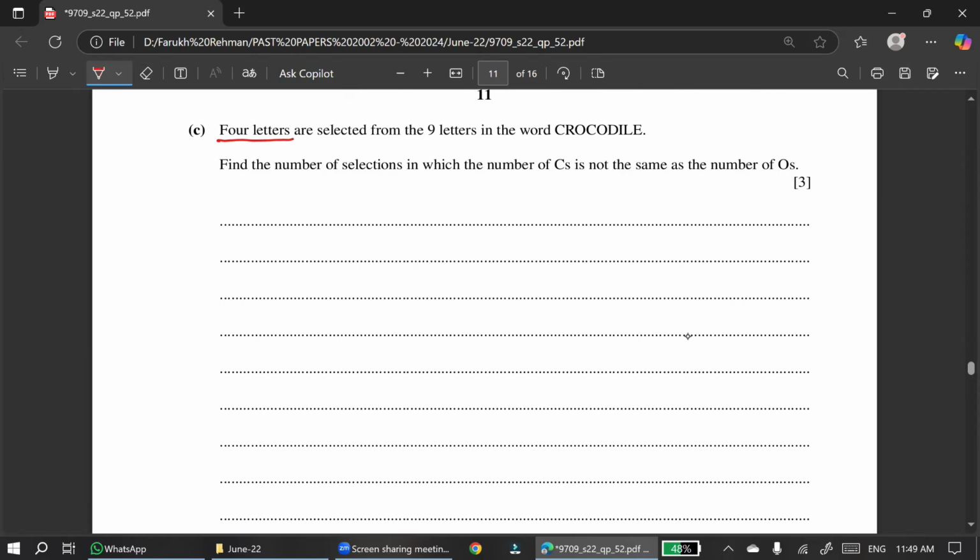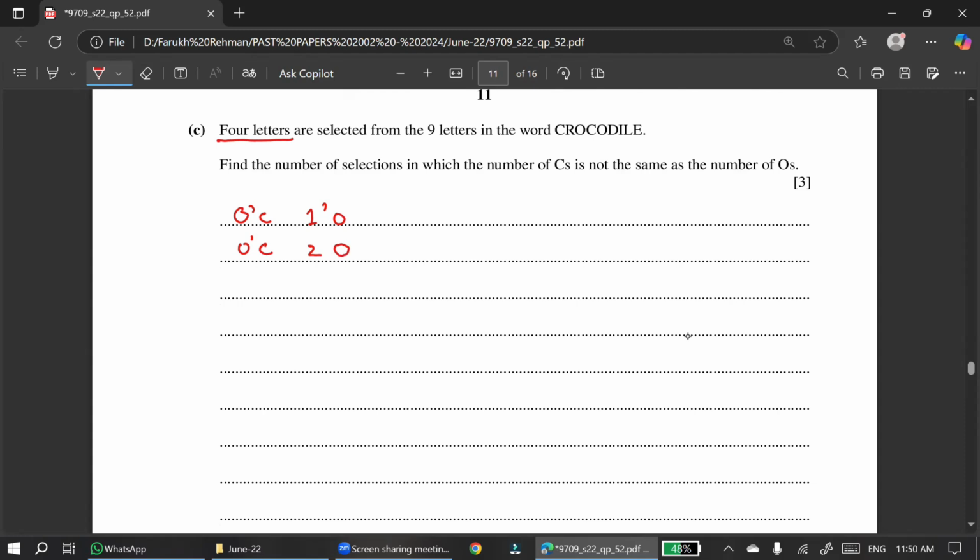So, first of all, we will select 0 C and 1 O. Then 0 C and 2 O's.